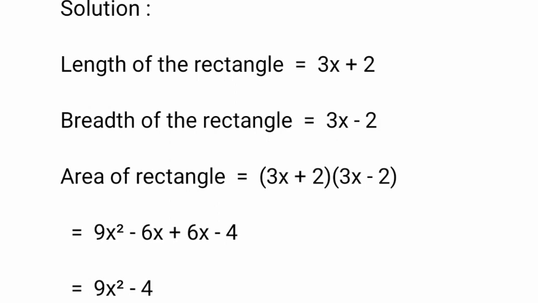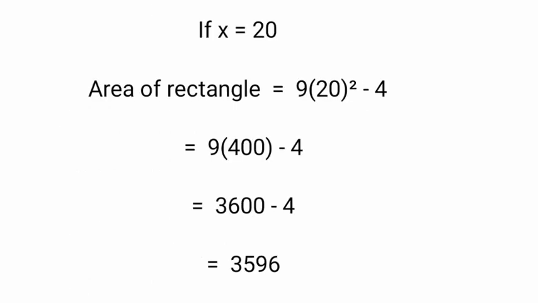Can you understand? Okay. What is the x value given? x equals 20. Substitute x equals 20 in the area of the rectangle, 9x square minus 4. So 9 into 20 square minus 4. What is 20 square? 20 into 20 is 400.